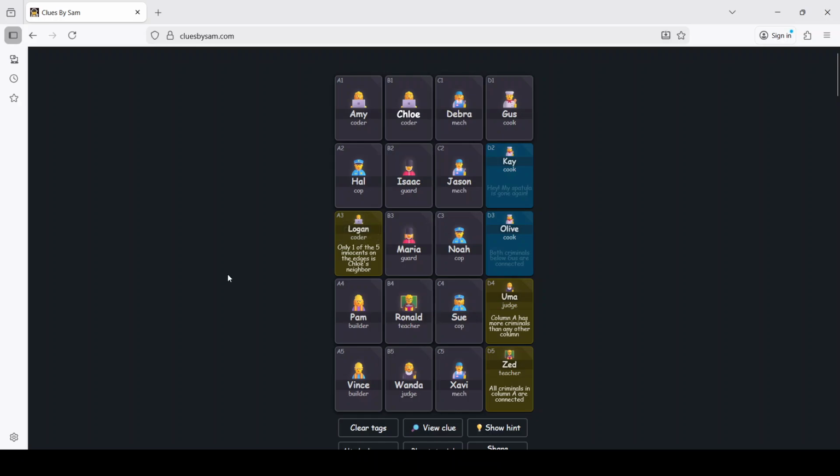Logan is telling us only one of the 5 innocents on the edges is Chloe's neighbor. Chloe is here in B1, so Chloe's 3 neighbors on the edges are Hal, Amy, and Deborah. So if only one of those is innocent, if Hal were innocent, then not all the criminals in column A would be connected.